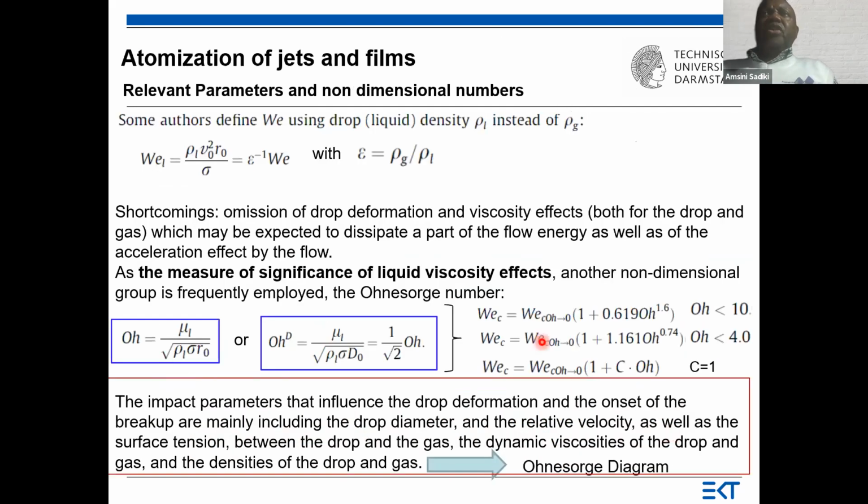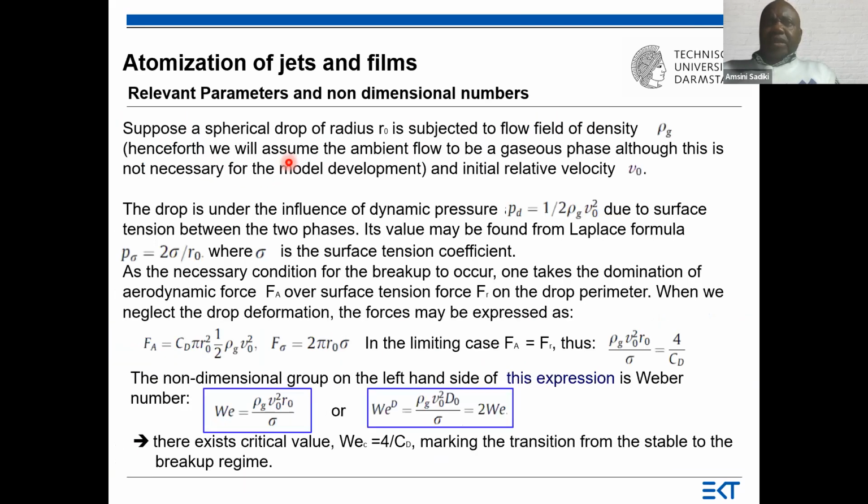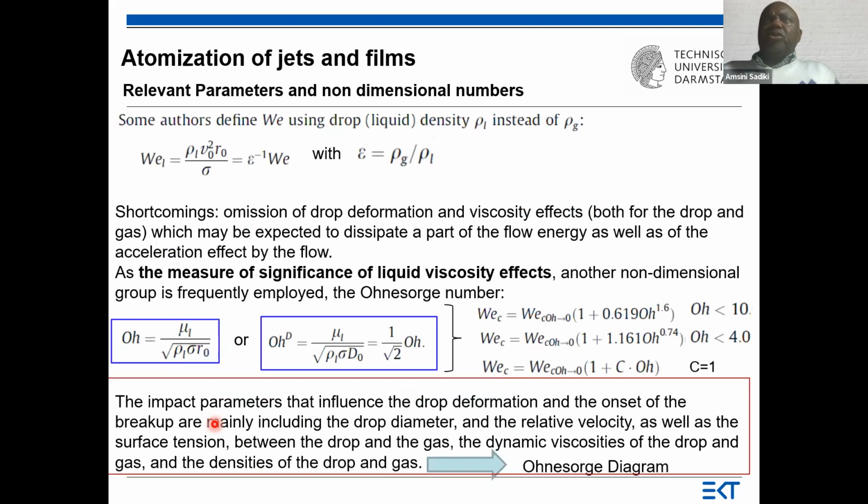Some authors define the Weber number using not the density of the gas flow, but the density of the liquid. And if they do this, we define this in this form, and we have here, instead of rho G, we introduce rho L. If we put it as a function of this quantity, then we will introduce a quantity epsilon within the ratio of this density.